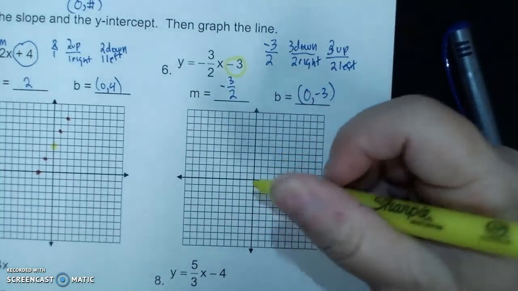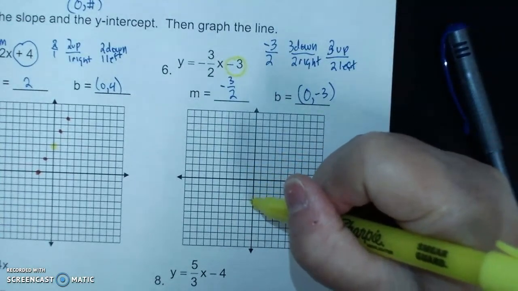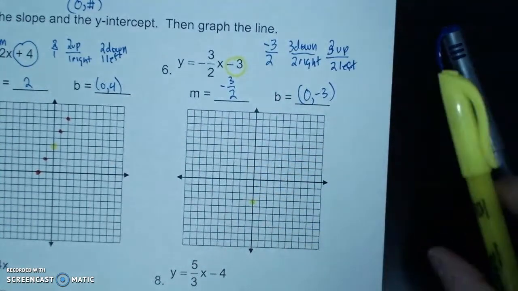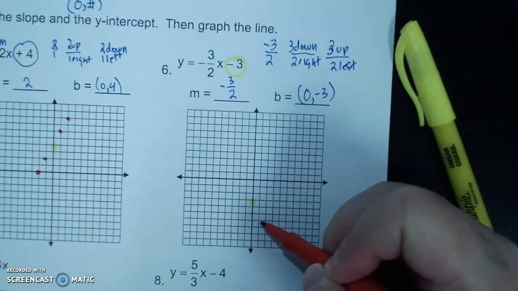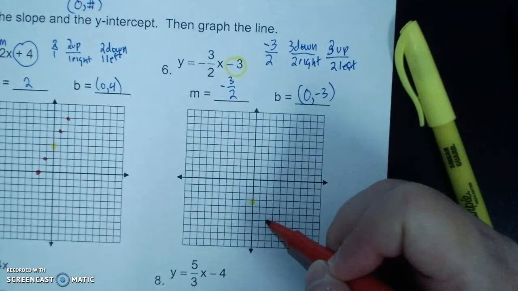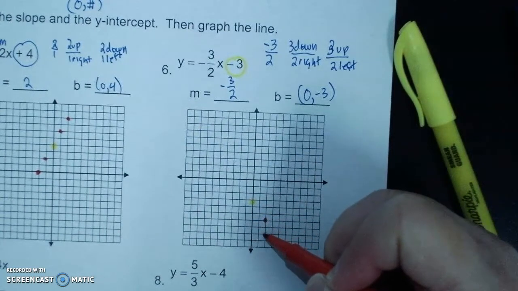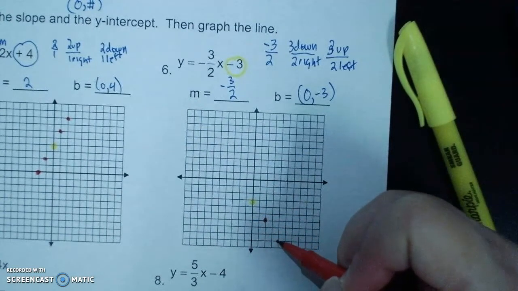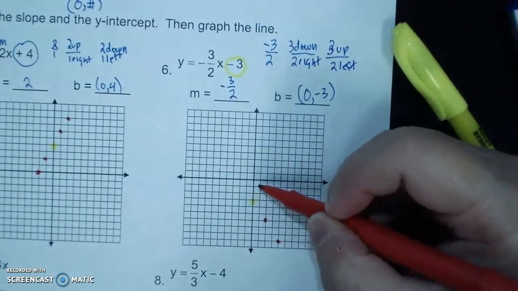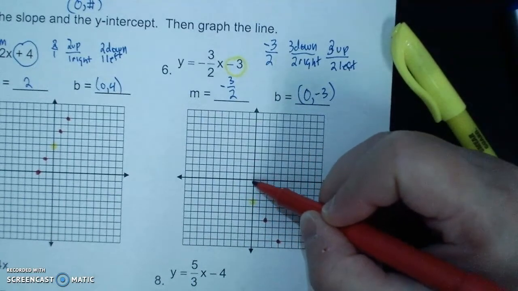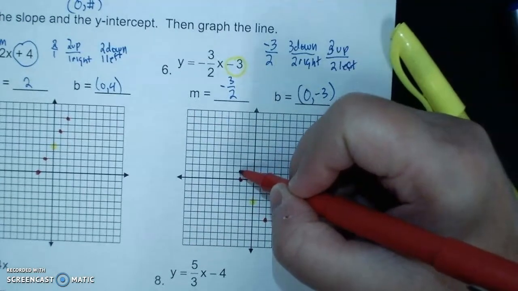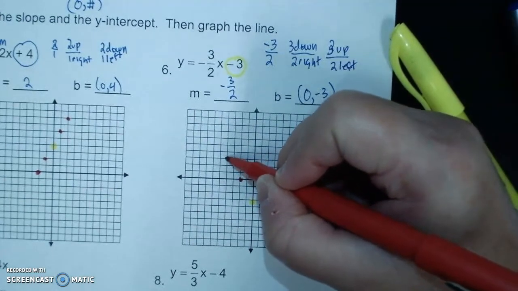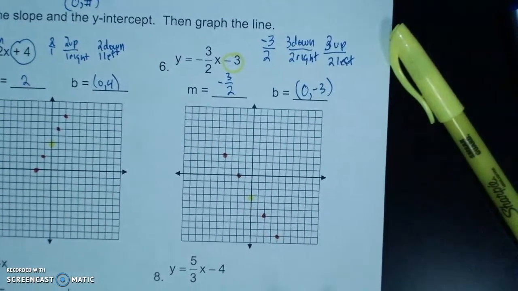So I start at 0, -3. I travel 3 down and 2 right. I go back to my y-intercept. I go 3 up, 2 left.